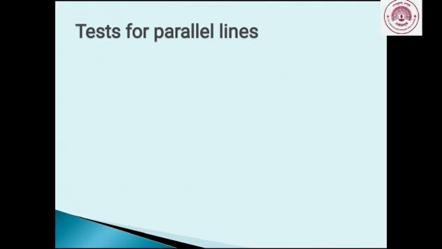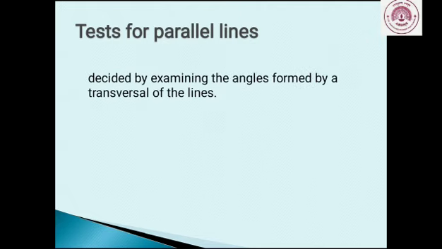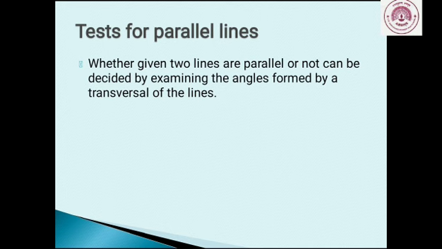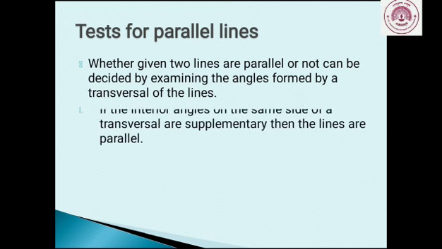Test for parallel lines. Whether two given lines are parallel or not can be decided by examining the angles formed by a transversal of the lines. First test: if the interior angles on the same side of a transversal are supplementary, then the lines are parallel.